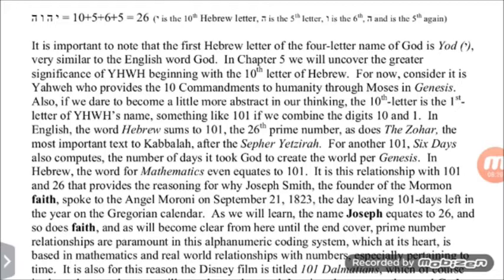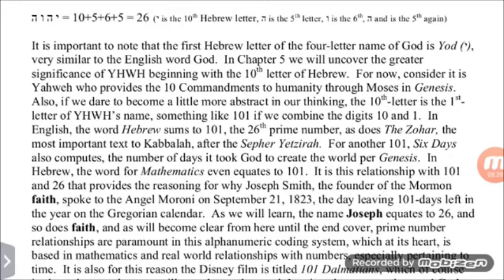Also, if we dare to become a little more abstract in our thinking, the 10th letter is the first letter of Yahweh's name, something like 101, if we combine the digits 10 and 1.